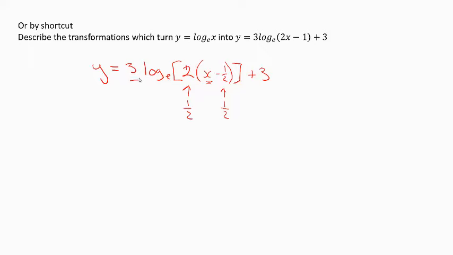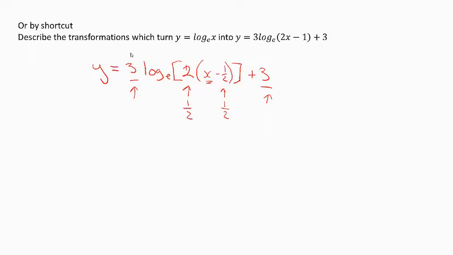Everything that's happening outside the bracket is from the x-axis. So that's telling me dilation by a factor of 3 from the x-axis, and we're moving 3 units from the x-axis. So let's see if that makes sense.